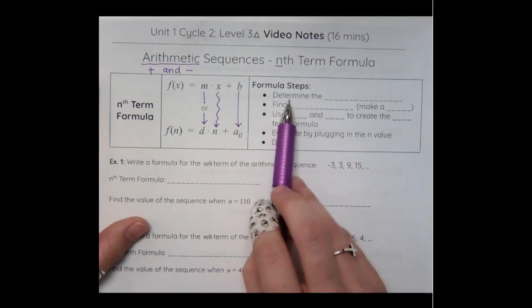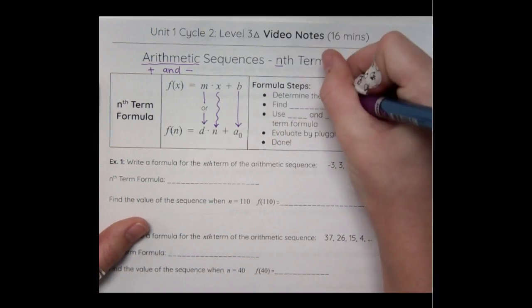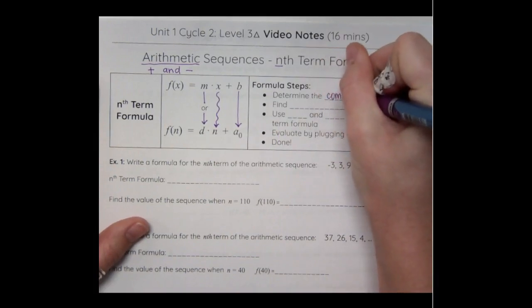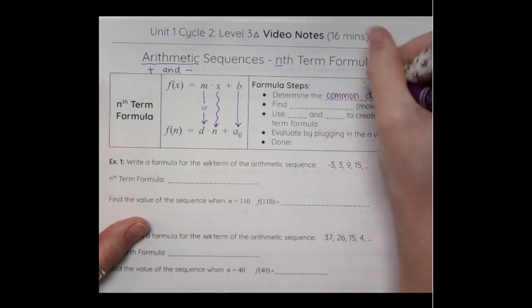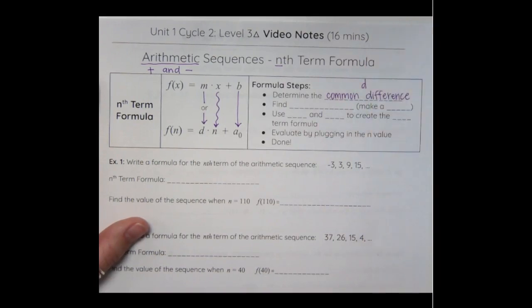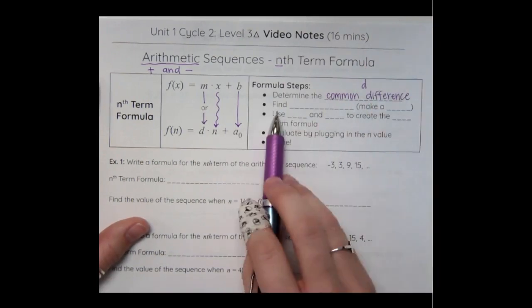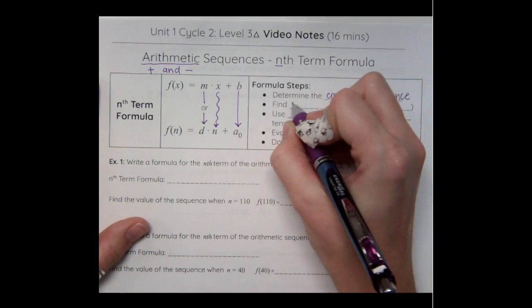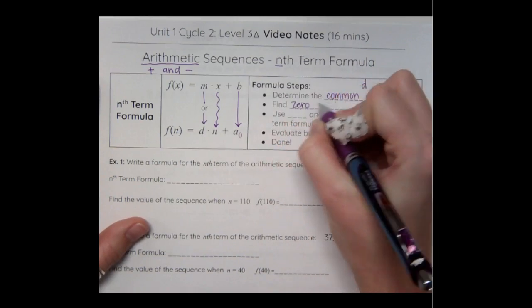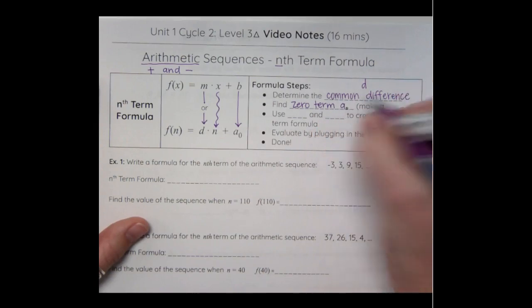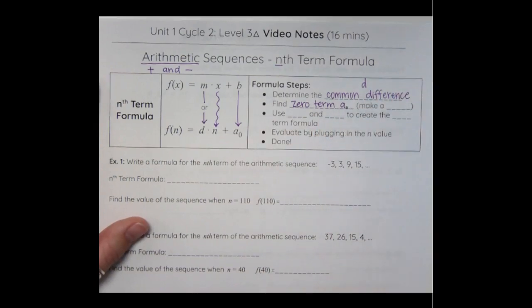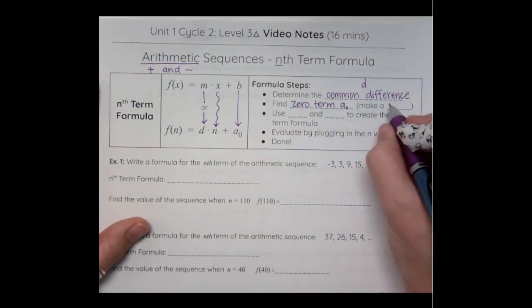So, for our first step, we are going to determine the common difference. And remember, we use the letter D for that. The second thing we're going to do is find the 0 term, and we use a sub 0 for that. In order to find the 0 term, we need to make a table.